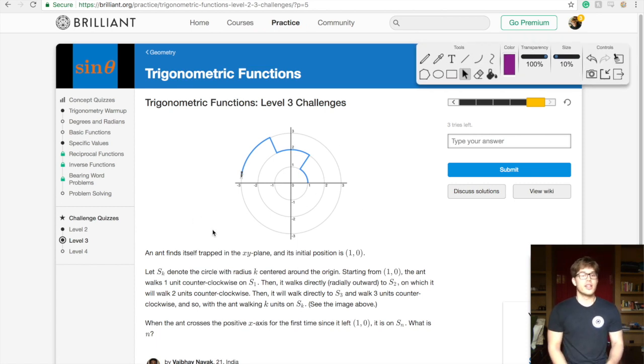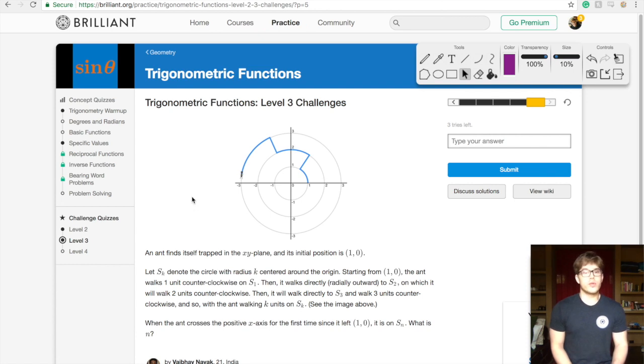All right. This one seems interesting. An ant finds itself trapped in the xy plane, and its initial position is coordinate 1, 0. Let S sub k denote the circle with radius k centered around the origin. Starting from point 1, 0, the ant walks 1 unit counterclockwise on S sub 1.